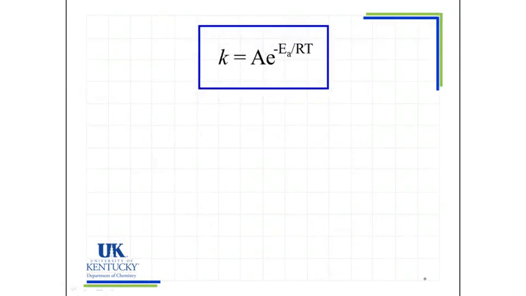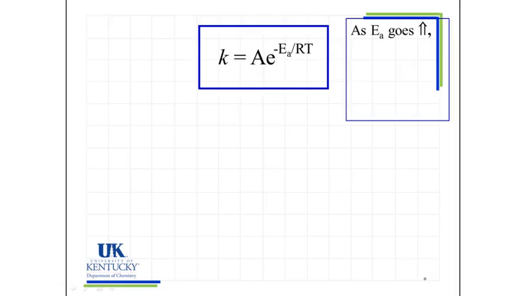Okay, so we have this expression. What we want to do first is just think about how this plays out with what we already know is occurring on the molecular level. So over here I've got some conditions. Let's think about changing activation energy. As activation energy gets larger and larger, and we're looking at this portion of the equation, we are raising e to a more and more negative value, e to a larger and larger negative number.